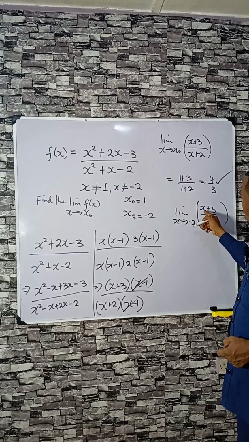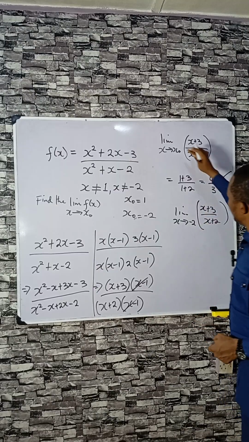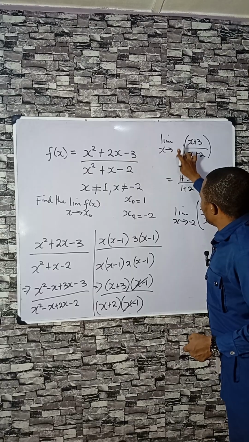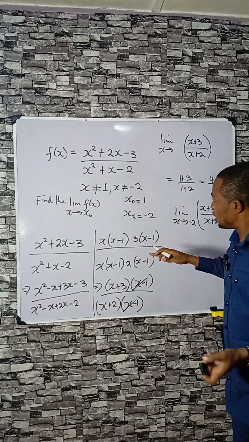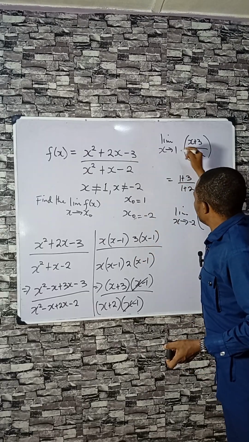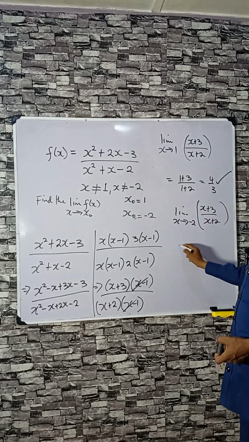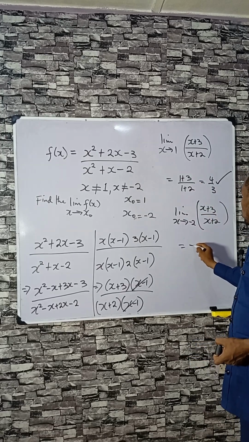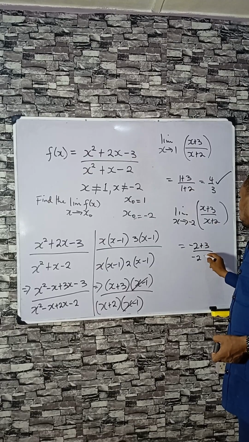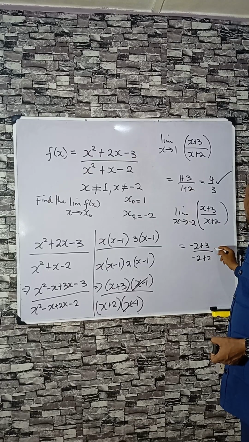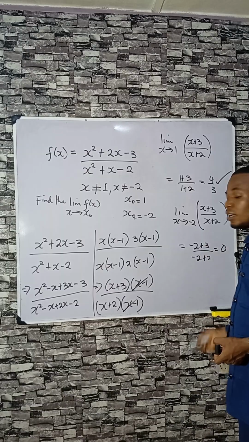So that to avoid confusion, you can replace the x naught directly. This is 1 for the first one. So now we have minus 2 plus 3 divided by, of course, minus 2 plus 2. This is 0. This will give us undefined.